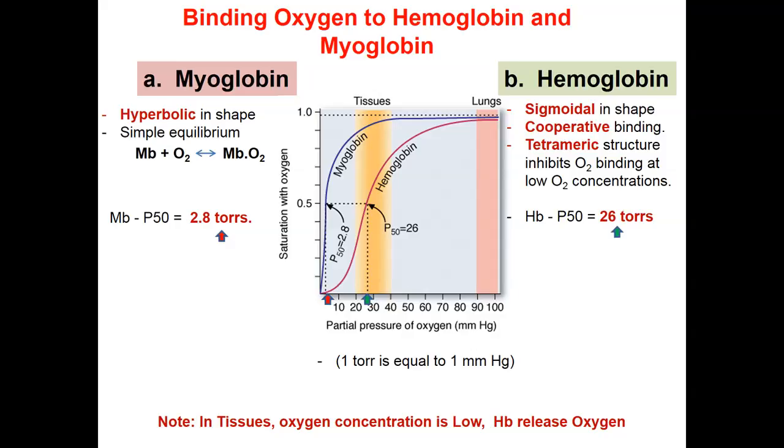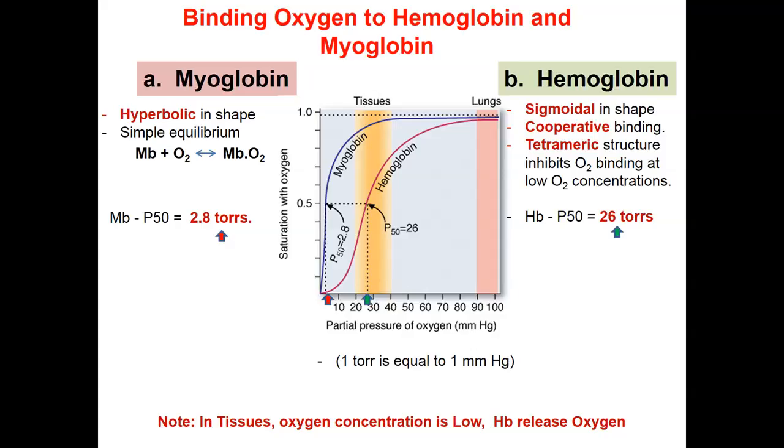If the oxygen concentration in tissue is even lower, hemoglobin completely releases oxygen, and myoglobin will pick it up. Is this clear? It depends on the concentration, but there are other factors that also affect the affinity of hemoglobin for oxygen, which we're not talking about. But this is the process.